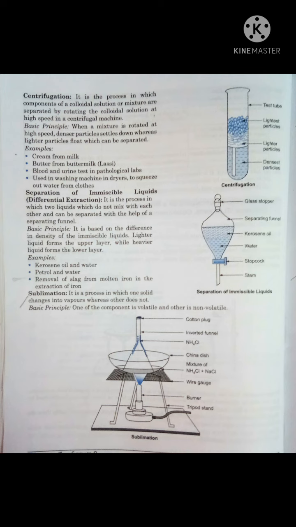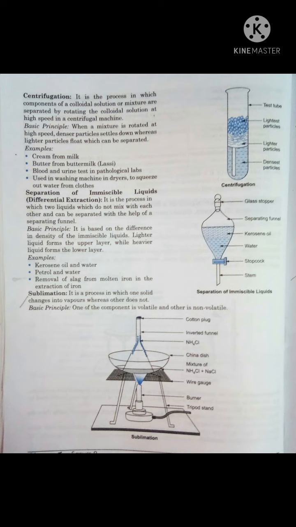Next is separation of immiscible liquids. It is the process in which two liquids which do not mix with each other can be separated with the help of a separating funnel. Basic principle: it is based on the difference in density of the immiscible liquids. The lighter liquid forms the upper layer while the heavier liquid forms the lower layer.